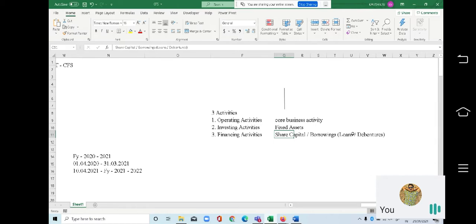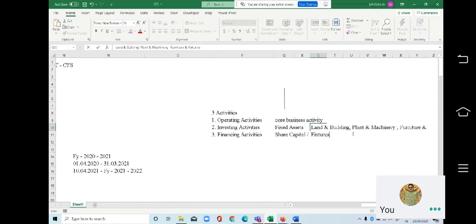And remember, when I say fixed asset, it includes items such as land and building. Okay, it includes items such as land and building, plant and machinery, furniture and fixtures, if not vehicles.